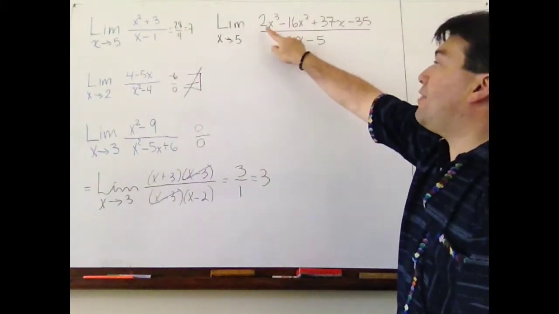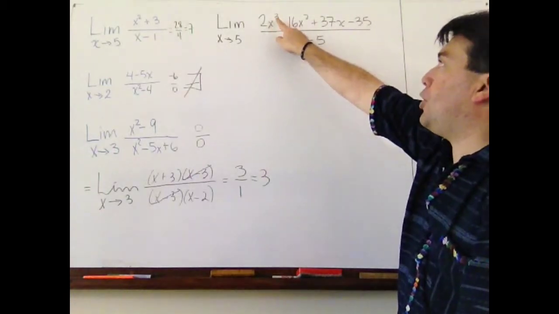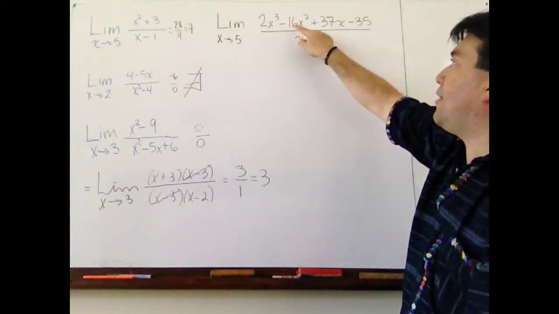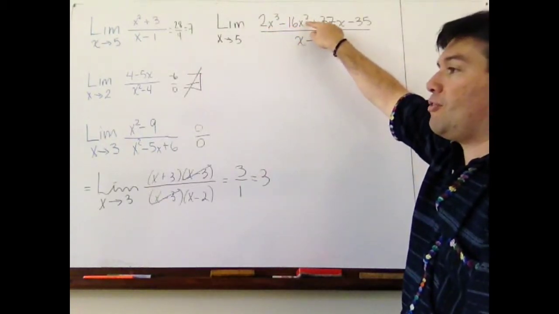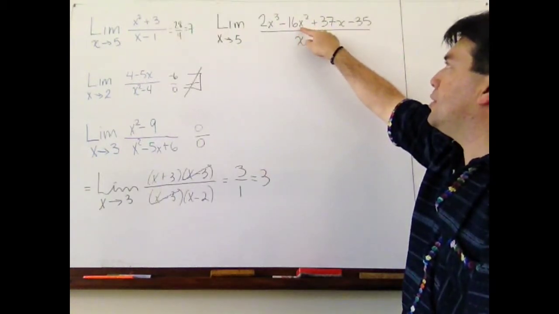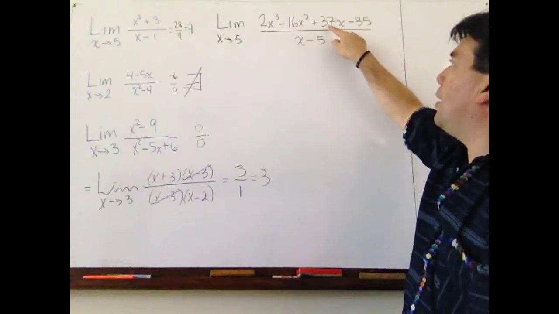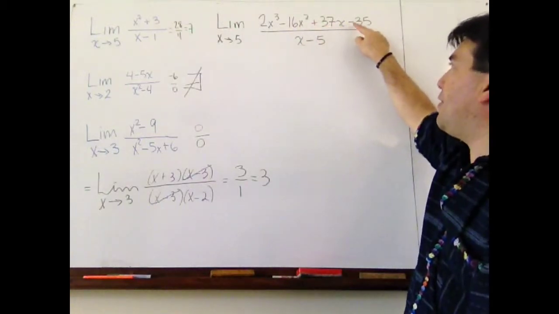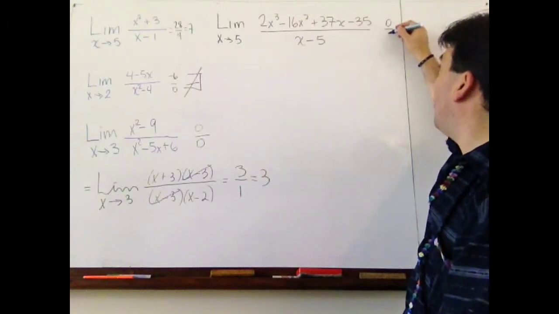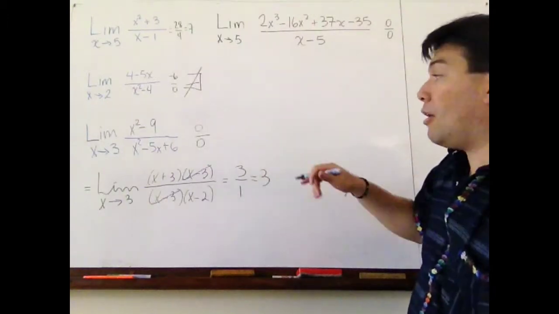If I substitute 5 here, 5 cubed is 125 times 2, 250, minus 16 times 5 squared, which is 25, that's minus 400, plus 37 times 5 minus 35. It also happens to be 0. So we have 0 over 0. You can check that on a calculator.